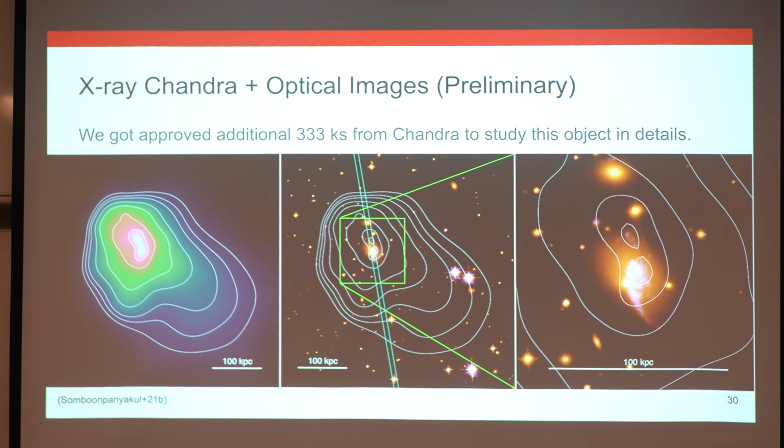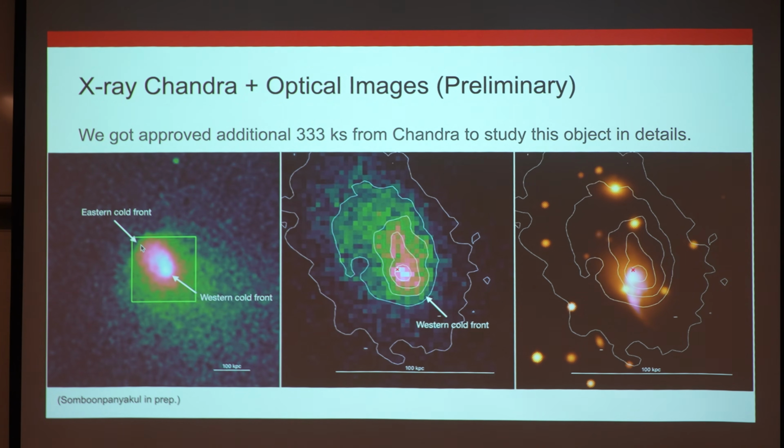Here is the observation from Chandra for 30 kiloseconds, with the X-ray and the optical with the filamentary structure. The important thing I want to highlight is that back then we thought we saw two peaks, extended peaks or whatever, up here.